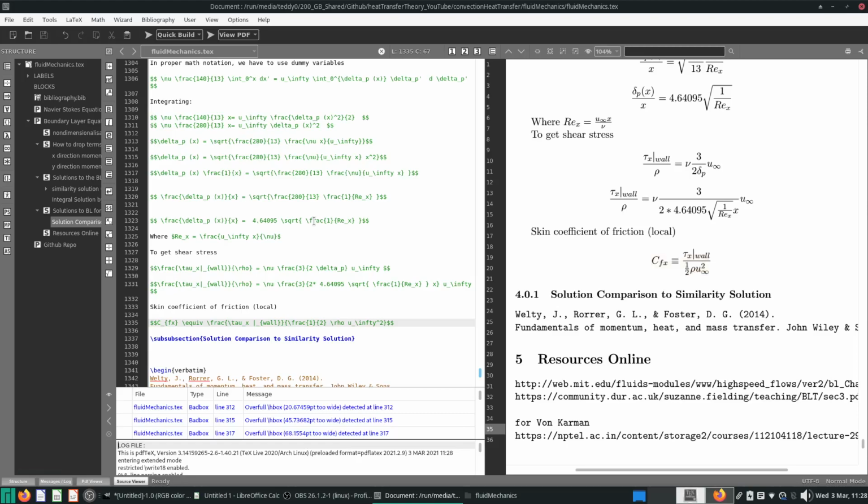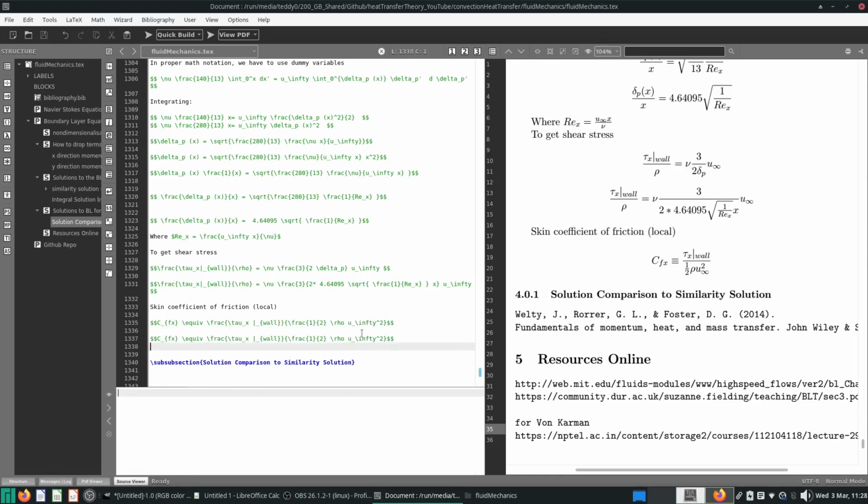So we want to multiply all of this in, and of course, since we have tau wall over rho already, we just need to divide the whole thing through by half u infinity squared. So we'll put half u infinity squared at the denominator, so it's pretty much just 2 on top, and then you'll multiply by this whole thing over here.